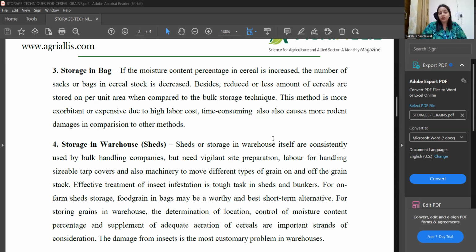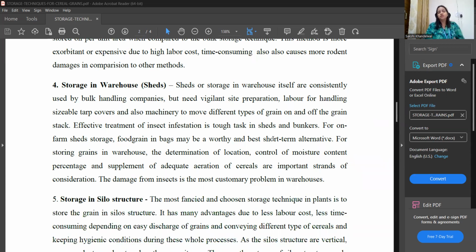Now, the fourth point is storage in warehouses. Sheds or storage in warehouses are consistently used by bulk handling companies, but need vigilant site preparation, labor for handling sizable tarp covers, and also machinery to move different types of grain on and off the grain stack.